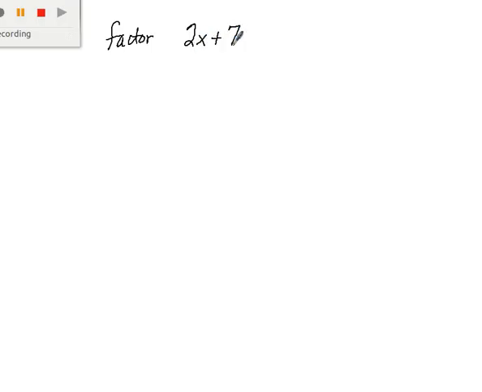You can't factor that because there is no common factor for 2 and 7. So that would be impossible. Or you could just put the same answer, 2x plus 7, down.